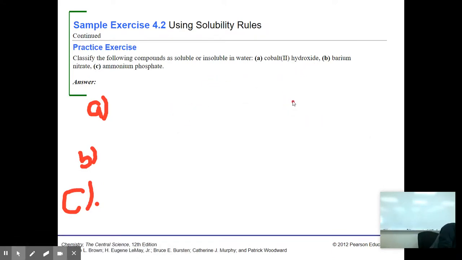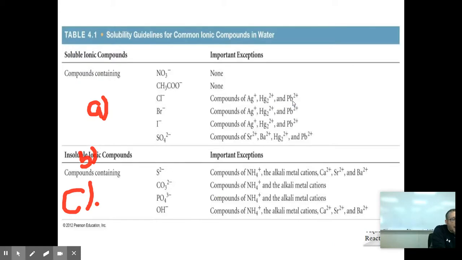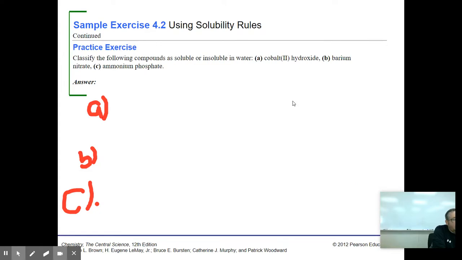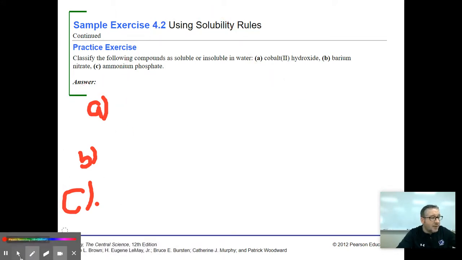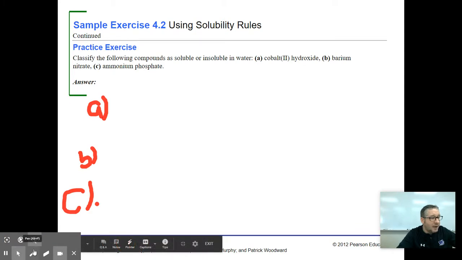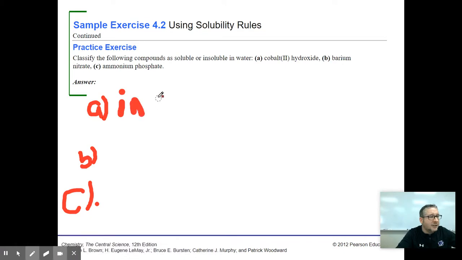So here, cobalt hydroxide. Hydroxide is insoluble, and it is bonded to cobalt, cobalt 2 to be more specific. Cobalt 2 is not in the exceptions. So cobalt 2 hydroxide is insoluble.